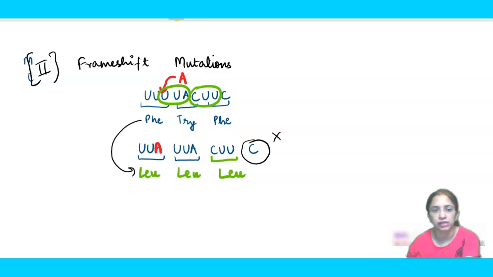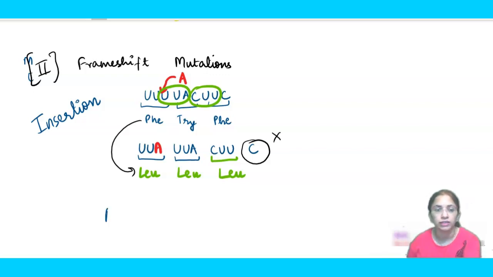Earlier it was phenylalanine, now it's leucine. Second amino acid was tyrosine, now it's leucine. Third amino acid was phenylalanine, and that is leucine. So all together the sequence of amino acids has been changed, right? So frame shift mutations can happen if there would be some insertion of the base, and we have already seen that one base has come from outside, and see how it has impacted, right?